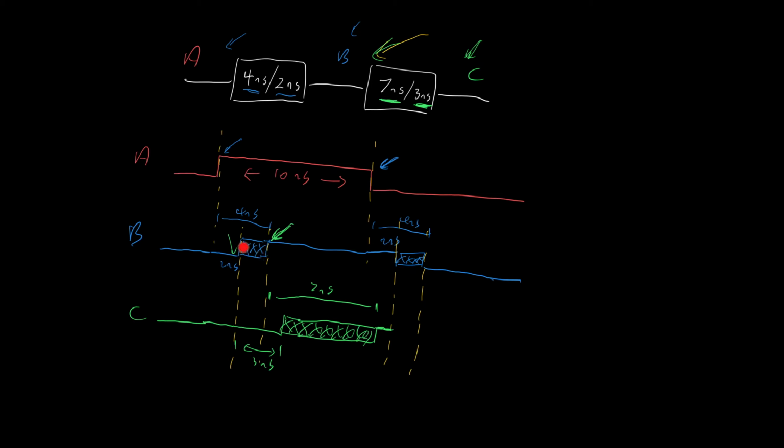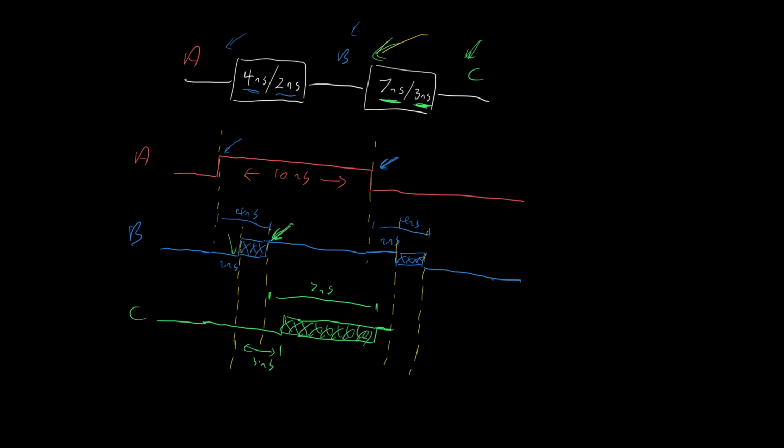So if we add this period to 7 minus 3, which is 4 nanoseconds, we should get the length of this. Now that's just to check what we're doing. The basic rule to follow is what we've done before, the contamination delay and the propagation delay. But as a check, you should find that that's going to be true. So this period of unknown corresponds in this case to the minimum 7 minus 3, as well as the extra period that the input was in an unknown state.